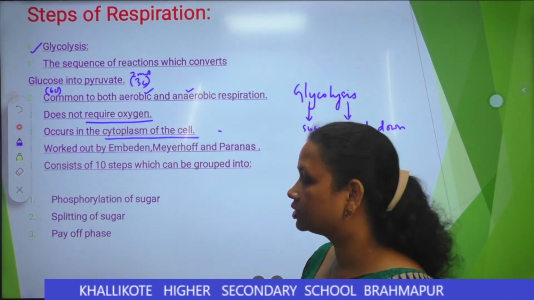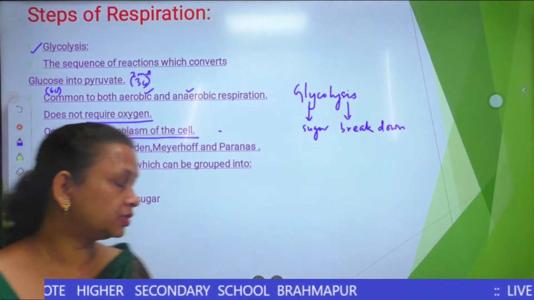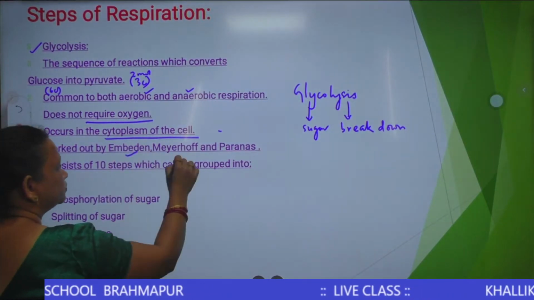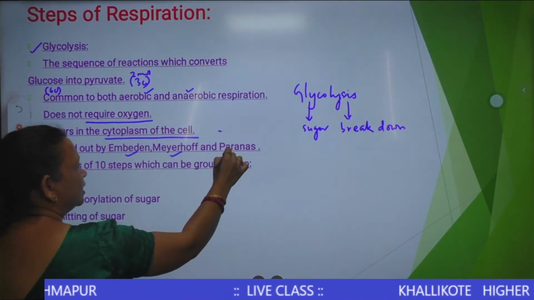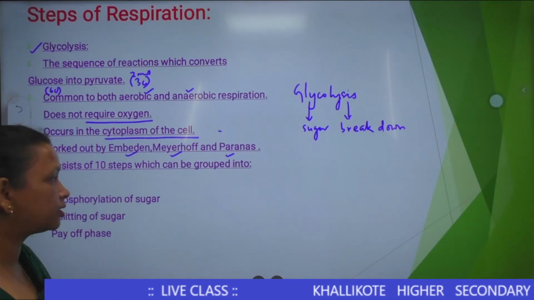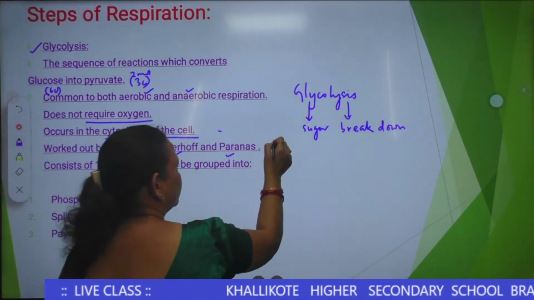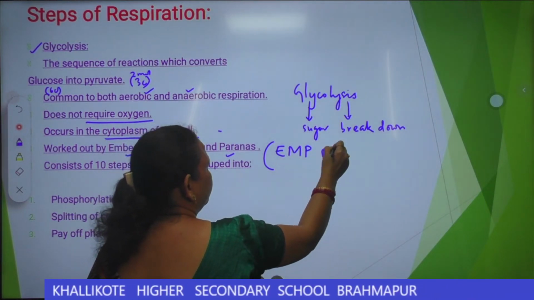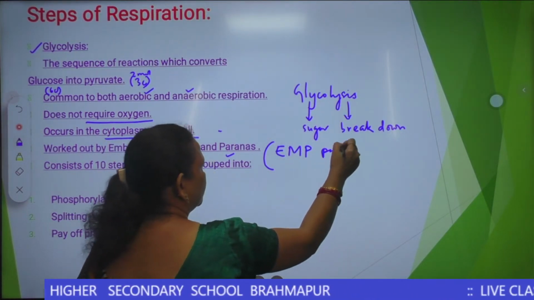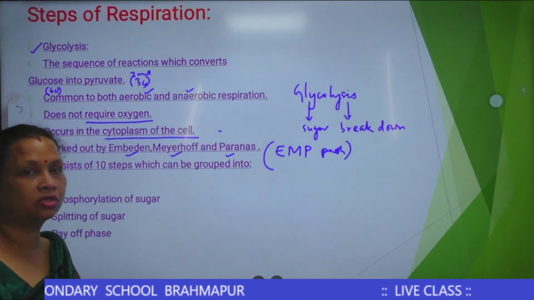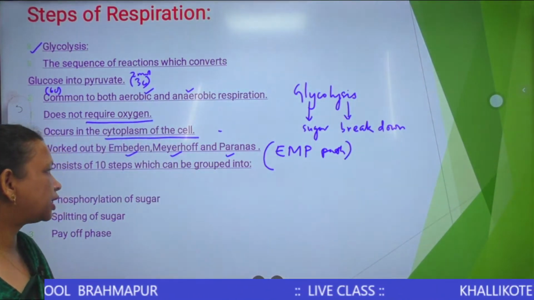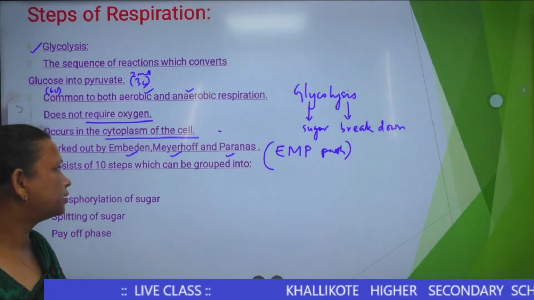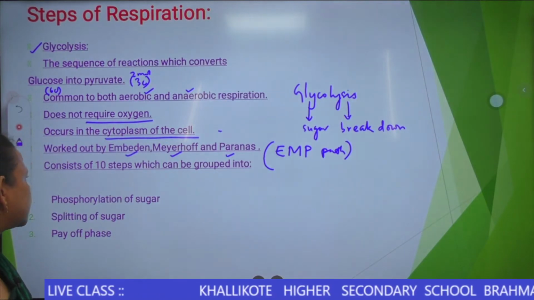So, who worked out the steps of respiration? The steps of respiration were worked out by Embden, Meyerhof and Parnas. So, this glycolysis path is also known as EMP path, under the name of Embden, Meyerhof and Parnas.